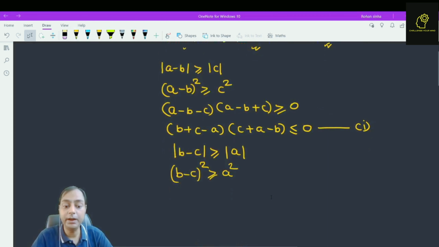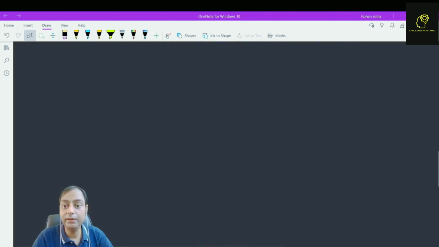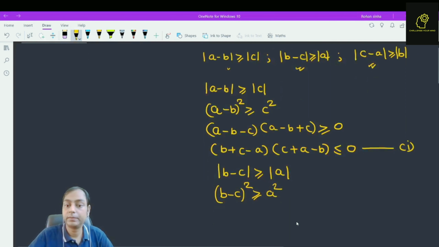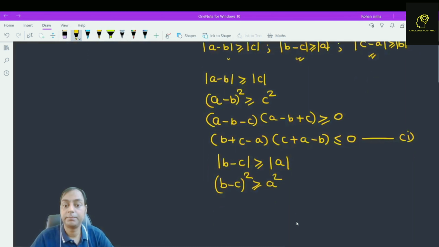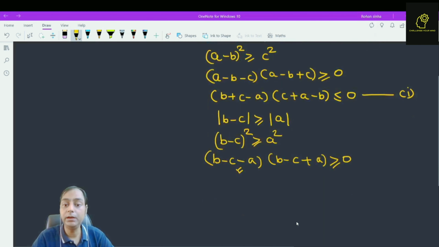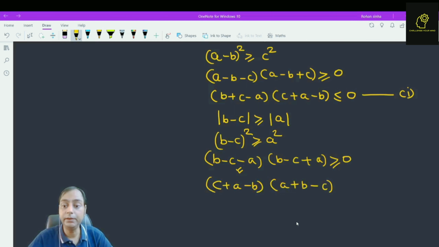If we factorize this, we get (B minus C minus A) into (B minus C plus A) is greater than or equal to 0. Taking minus common from here, we find (C plus A minus B) into (A plus B minus C) is less than or equal to 0. So this is equation number 2.